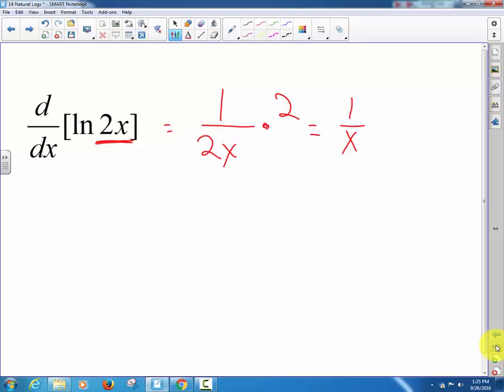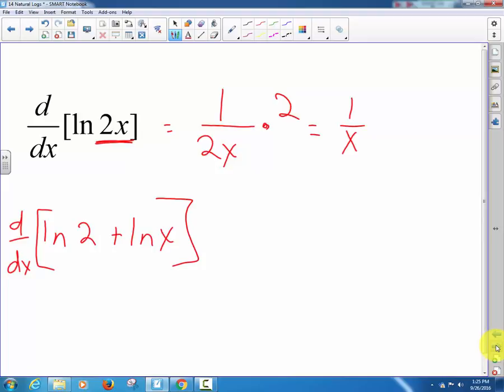Would you agree? Some of you say, wait a minute, why didn't you expand that out? Good question. I could have taken ln of 2x and said, well, that's the same as the ln of 2 plus the ln of x, couldn't I? Well, what's the derivative with respect to x of that? What's the derivative of ln of 2? 0.